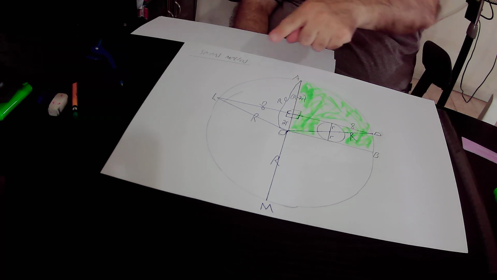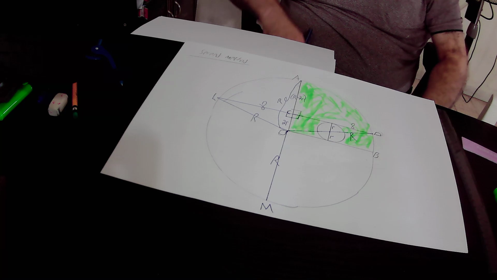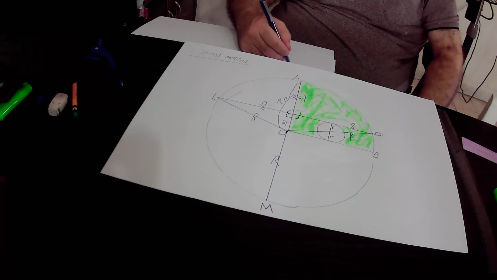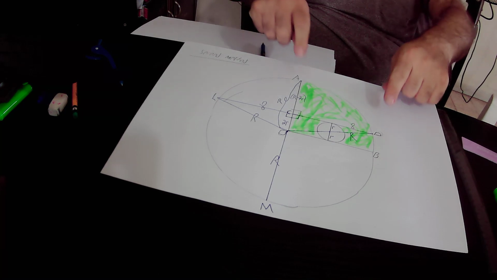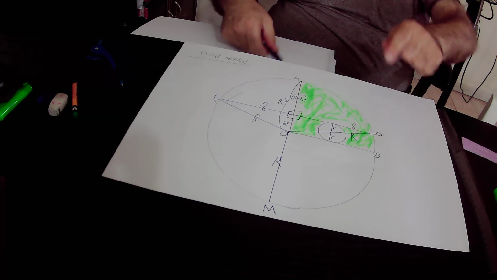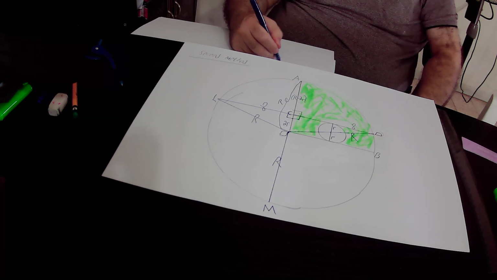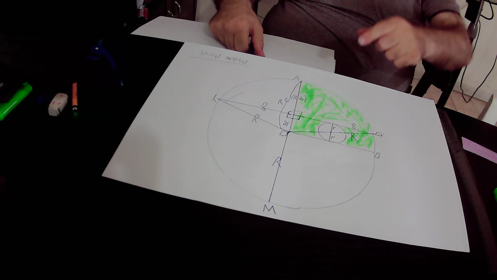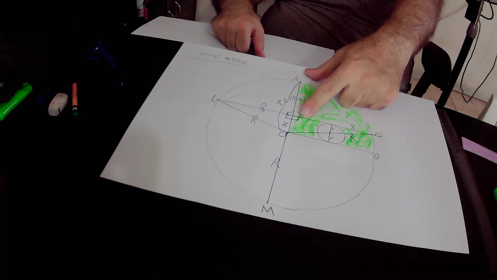Here LC equals 8 units, CD is also equal to 8 units, and it is equal to AC.